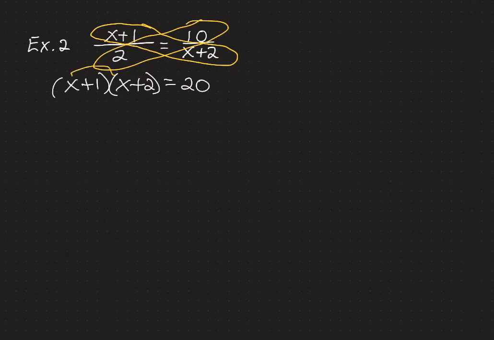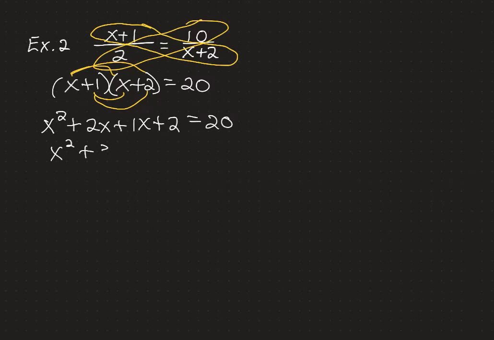Now, to multiply these, I'm going to have to distribute everything in the first binomial to everything in the second binomial. Some of you may have memorized FOIL, first, outer, inner, last. But let's see, x squared plus 2x plus 1x plus 2 equals 20.